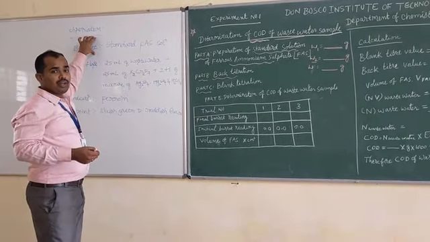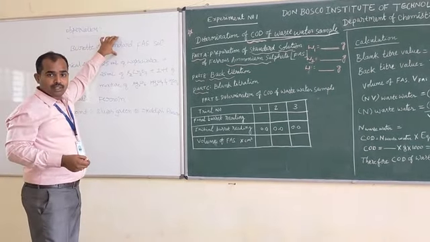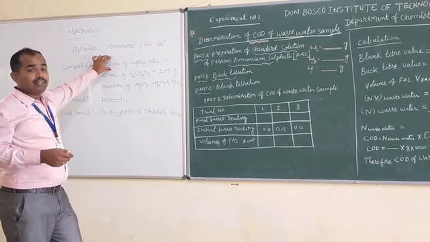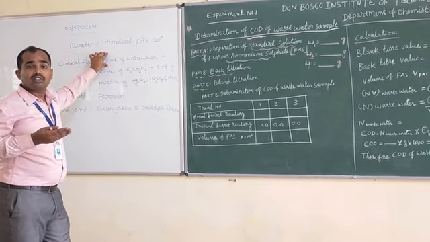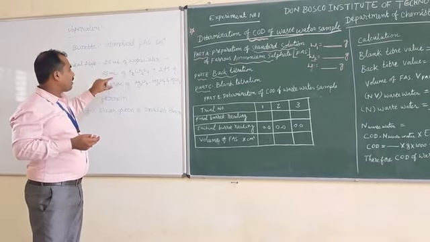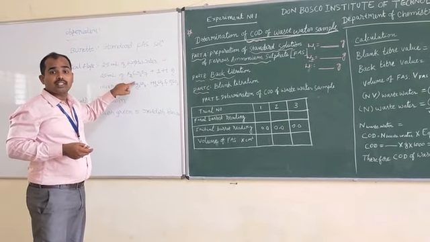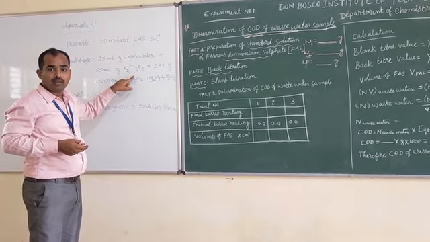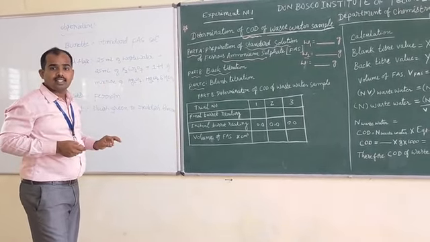Here in the burette we have to take the standard ferrous ammonium sulfate solution. Then in the conical flask we have to take 25 ml of the wastewater sample from the industries, and we need to add 25 ml of the potassium dichromate solution. Right, so here the potassium dichromate acts as an oxidizing agent.